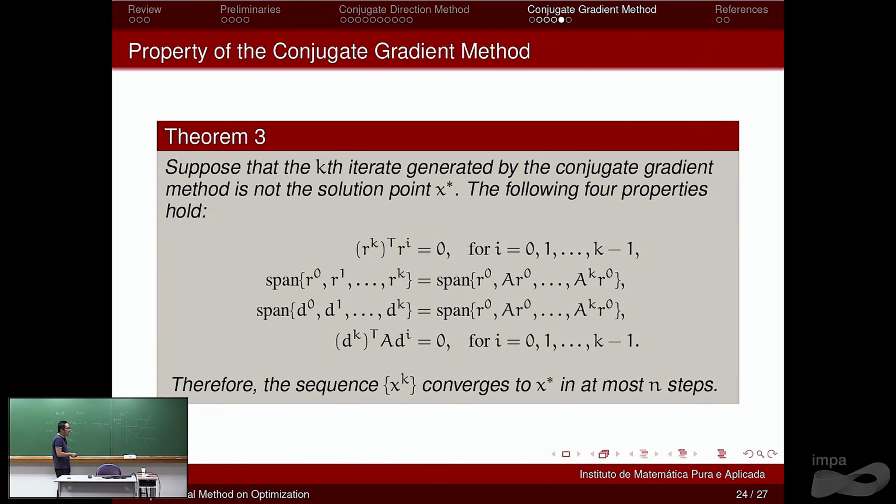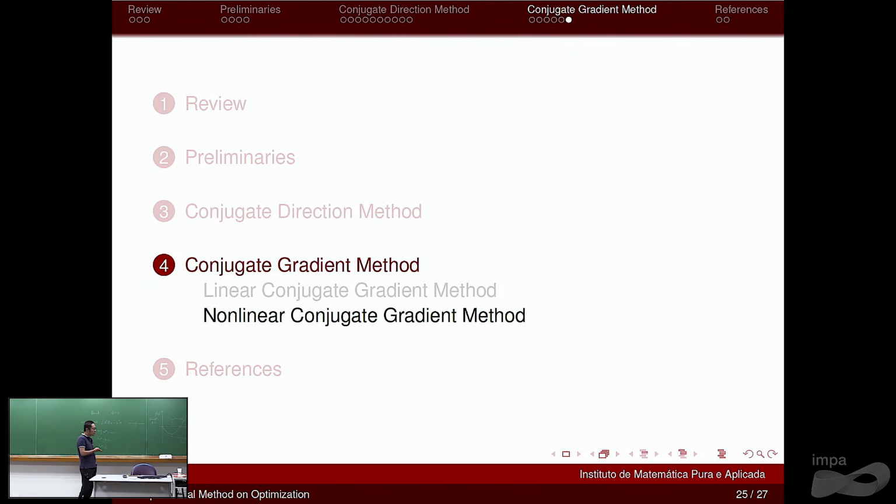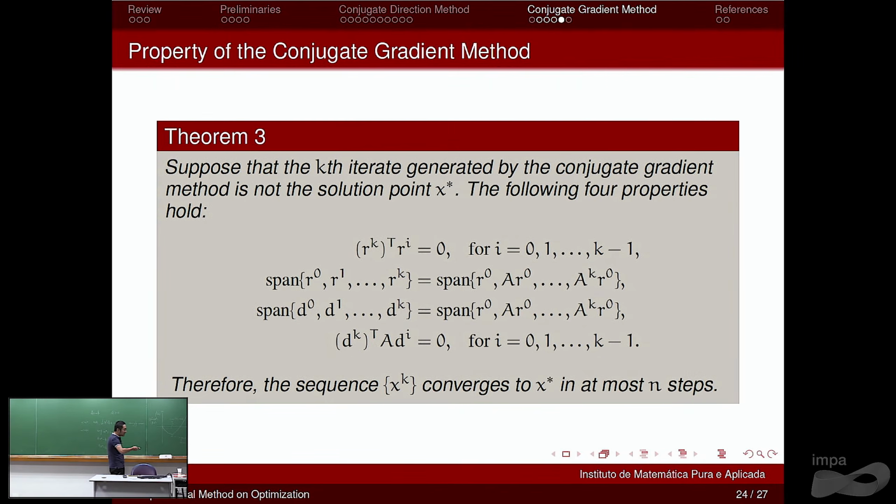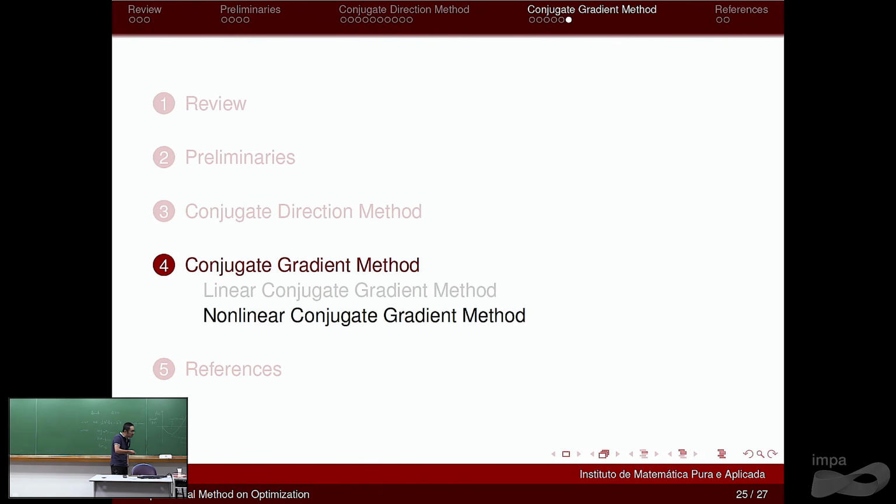And you have this subspace property among the residues or among the directions, and then you also have the conjugate property about the directions. Okay, so in the next class we will discuss the proof of this theorem, and then we'll go to the nonlinear conjugate gradient method.